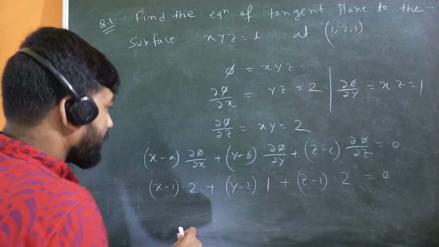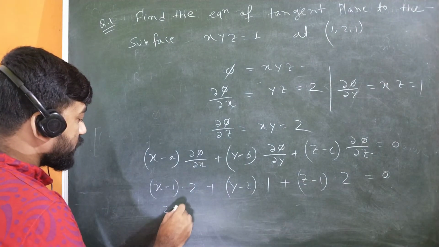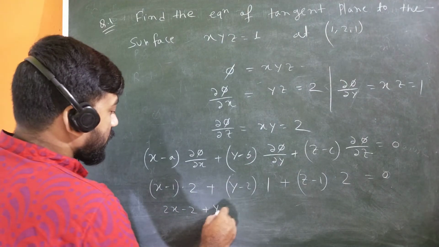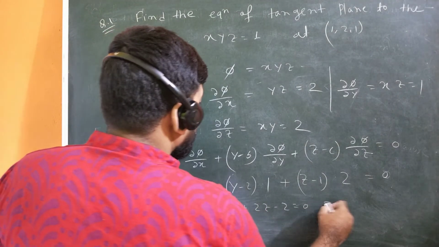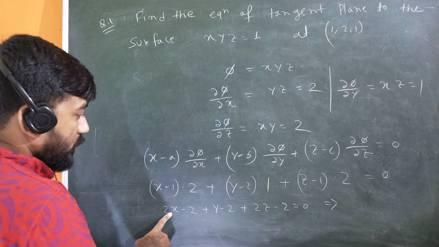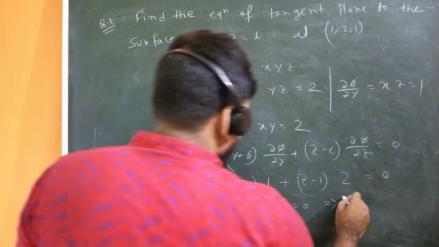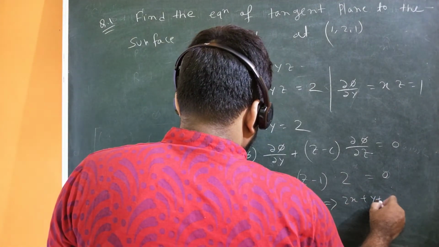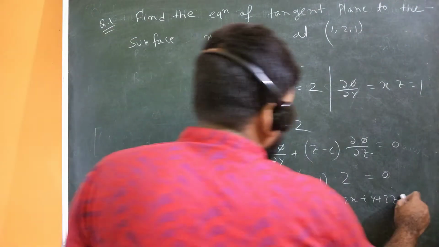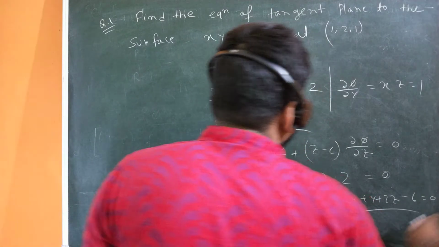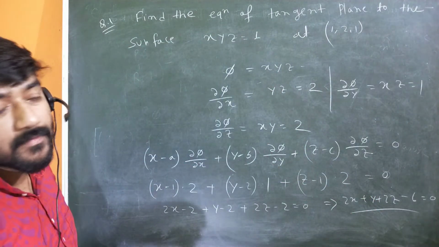You can rearrange this equation: 2x minus 2 plus y minus 2 plus 2z minus 2 is equal to 0, which implies 2x plus y plus 2z minus 6 is equal to 0. So this will be your equation of the tangent plane to this surface.